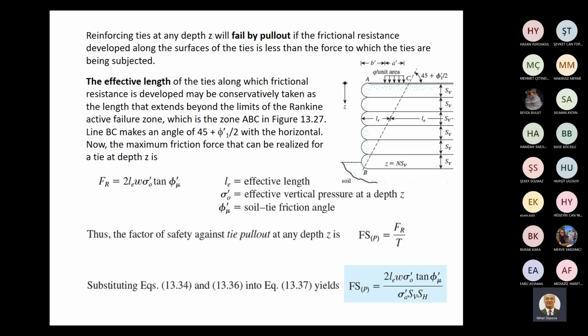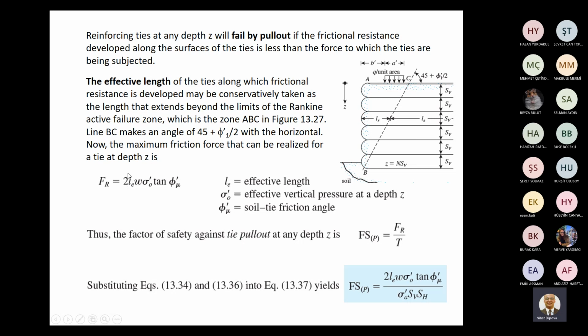Reinforcing ties at any depth will fail by pull out if the frictional resistance developed along the surfaces of the ties is less than the force to which the ties are being subjected. Because in this reinforcing element, we have two faces or two interfaces between the soil above and soil below.